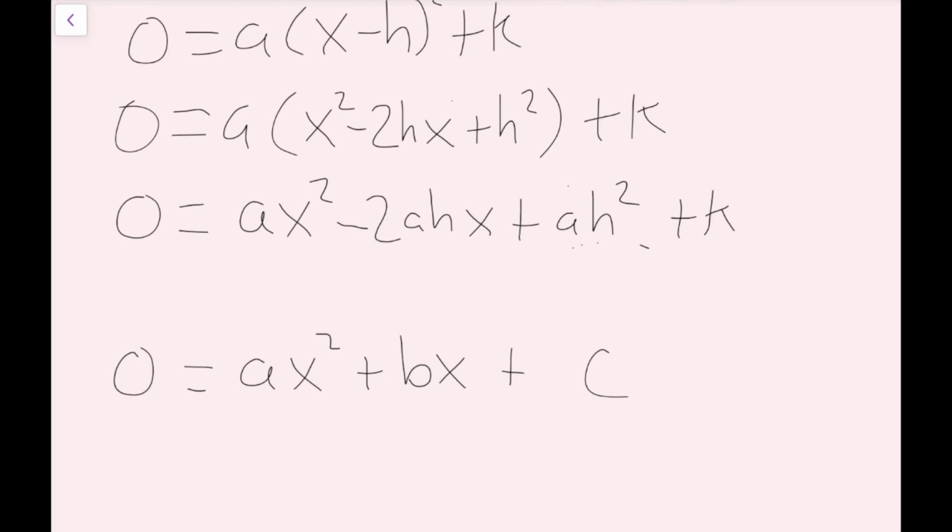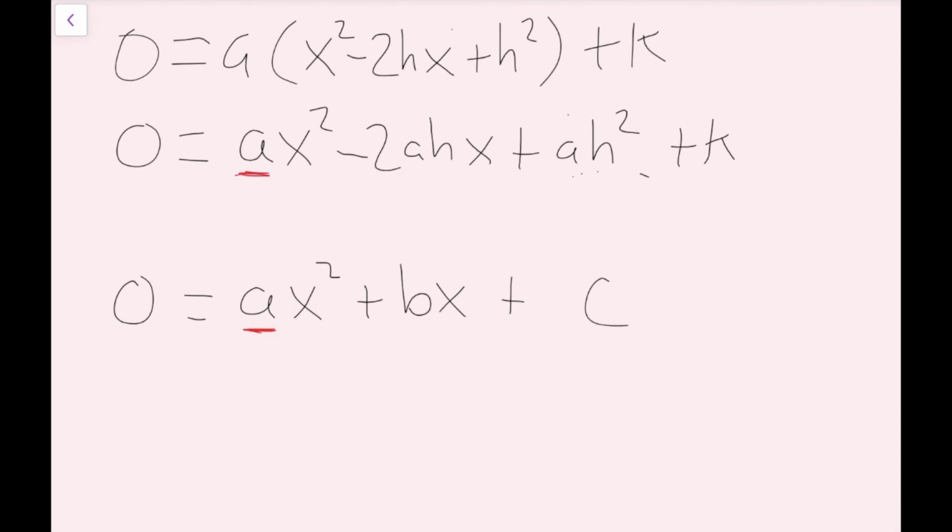If you look at it, the a's are the exact same. This a right here is equal to this a. So I've just kind of proven to myself that a is the same in both vertex and standard form, and that's why we have that a be the same in both of those forms.